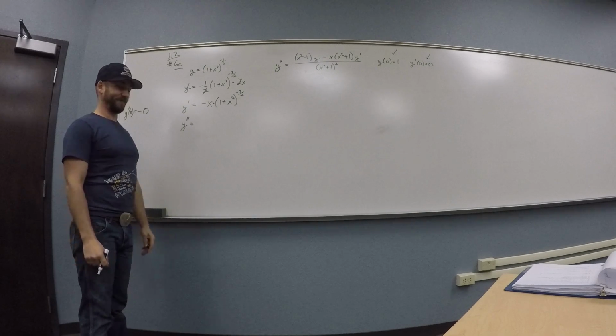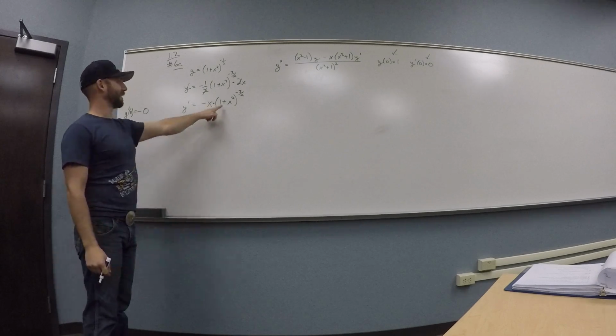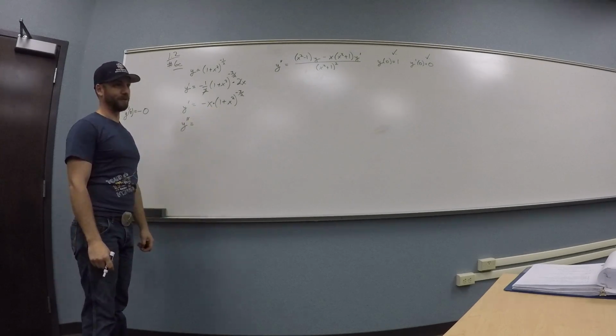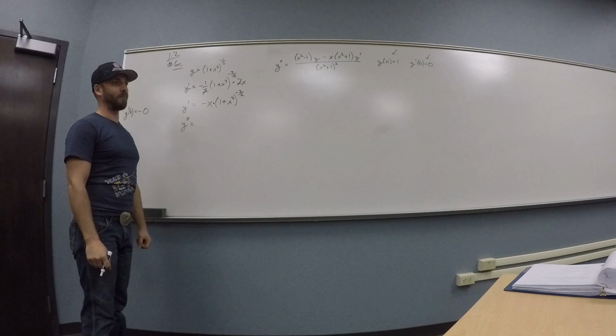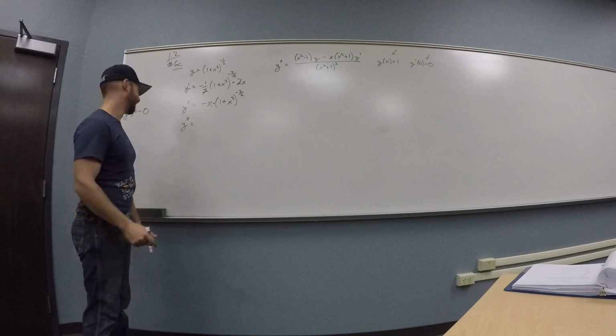To do the second derivative, I have some stuff with x's times some stuff with x's. So I need the, what rule? Chain rule? No. What do you call multiplication? What's the math word for multiplication? Starts with a P. Product rule.